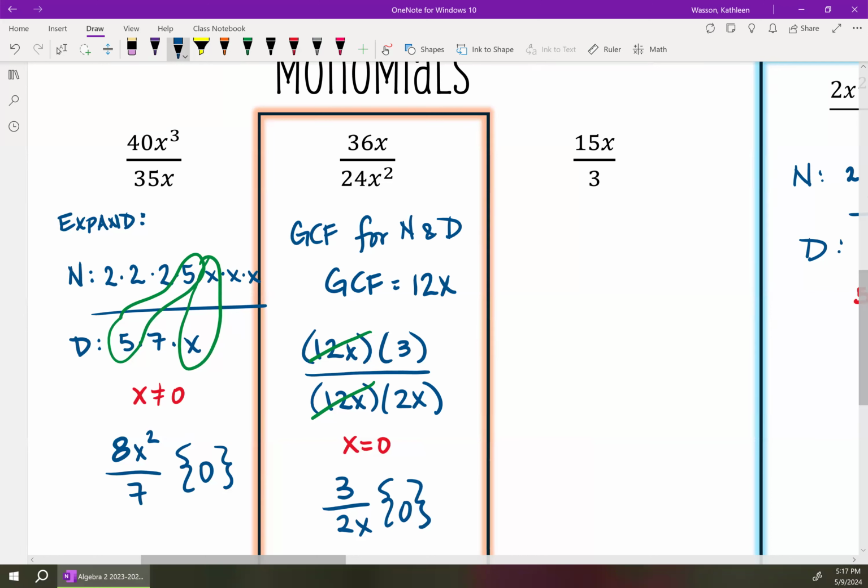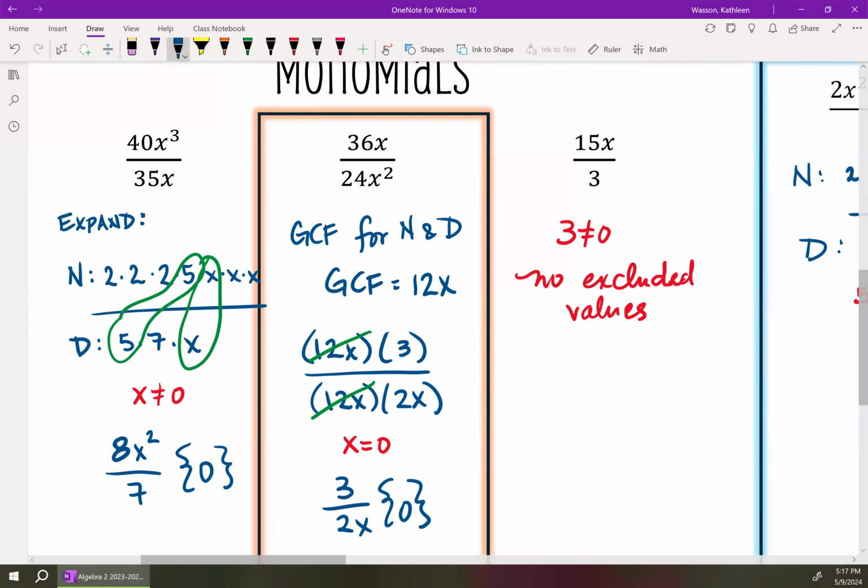When you don't have a variable in the denominator, you don't have any excluded values. And I can reduce this.